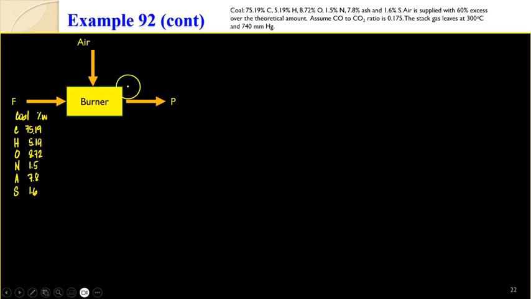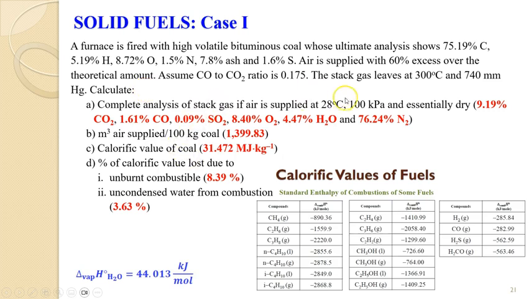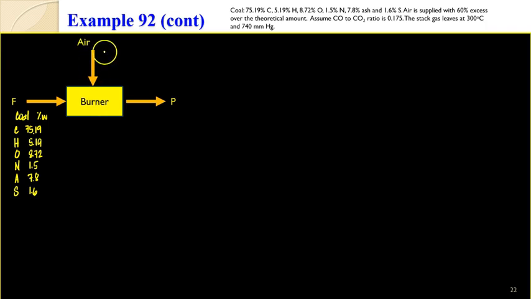For the air, you're given the conditions 28 degrees Celsius and 100 kilopascal, 60% excess. So air is 60% in excess at 28 degrees Celsius and 100 kilopascal.